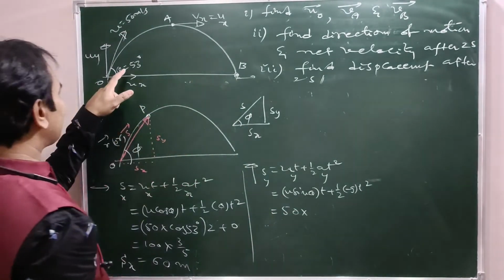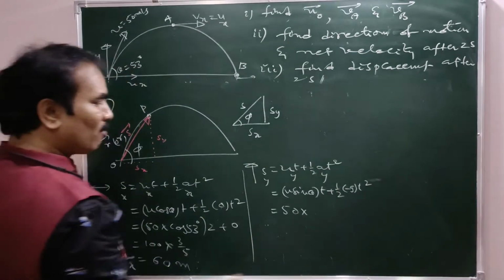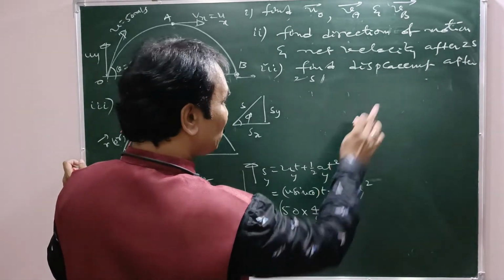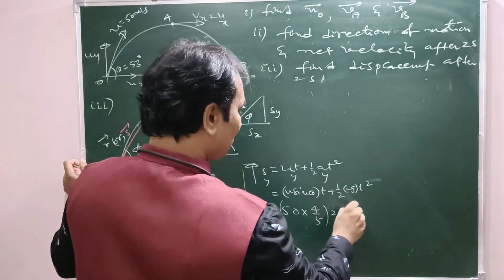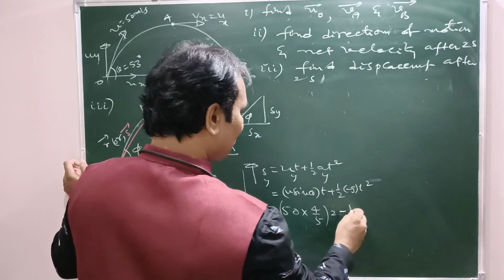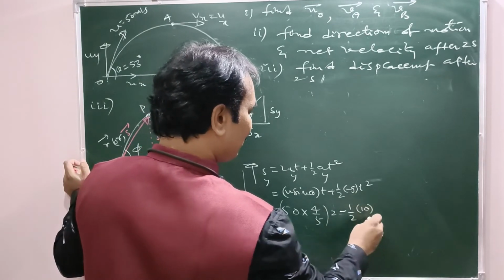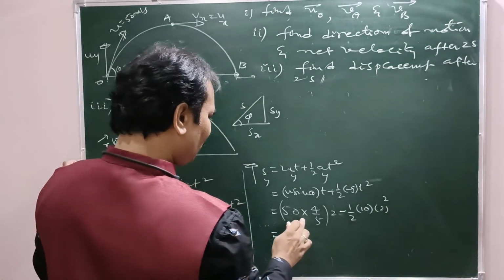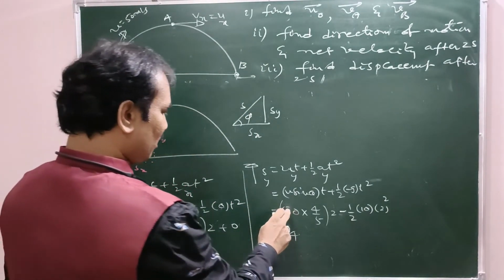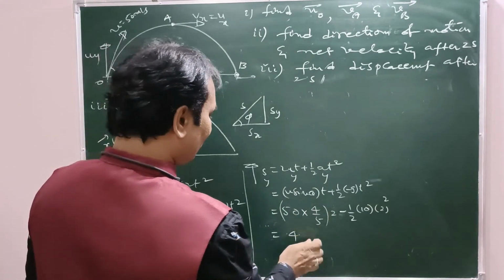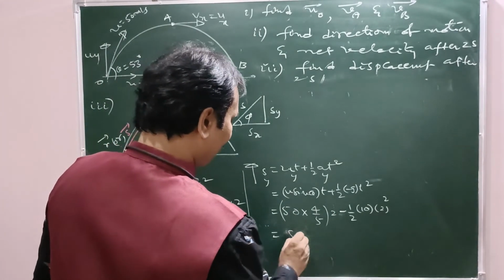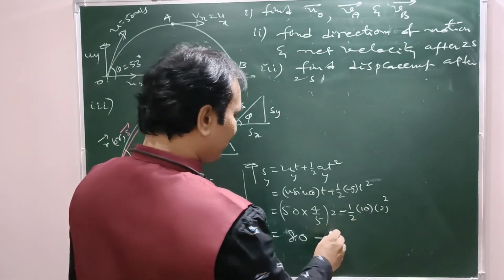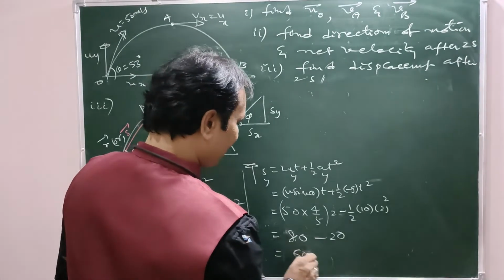Sin theta means sin 53, that is 4 by 5. 4 into time, t means 2 seconds. Plus half minus half into g means 10, t square means 2 square. That is 10 into 4, 40 into 2, 80 minus 2 square means 4, 4 by 2, 2 into 10, 20. Again 60, that is 60 meters.